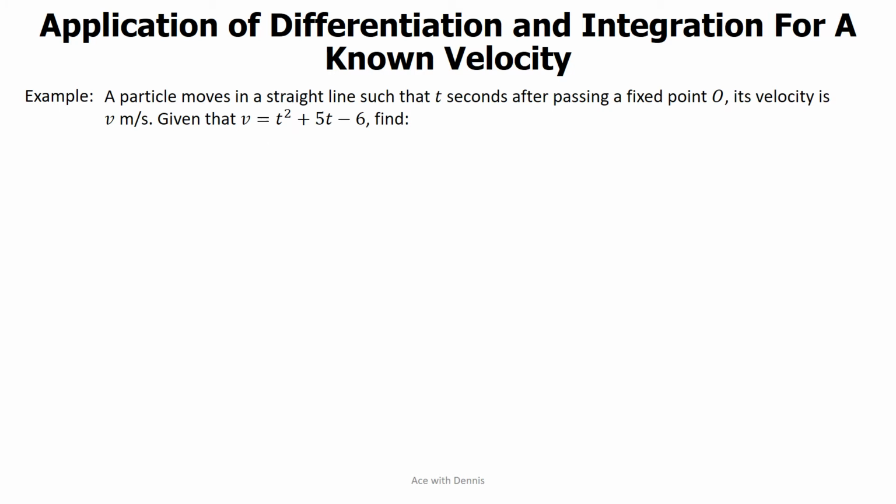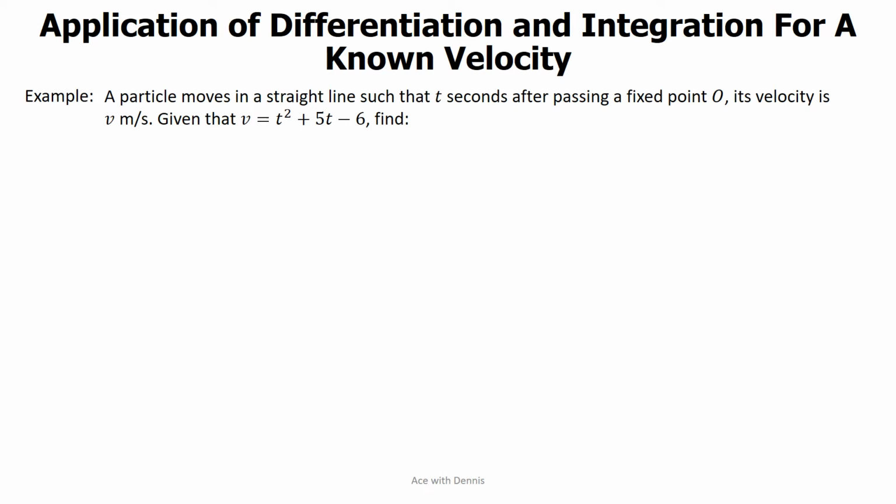Now, let's look at an example where the equation of the velocity is known. Here is the example. A particle moves in a straight line such that t seconds after passing a fixed point O, its velocity is v meters per second.